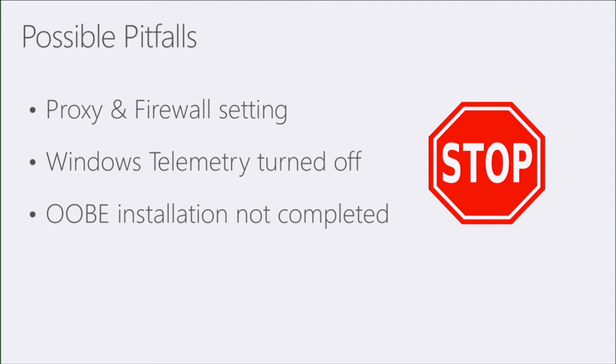The second thing is Windows telemetry, UTC, being turned off completely. If you set UTC to basic or a lower setting, that's totally fine, and the telemetry from Sense will be sent. But if you aggressively shut down all UTC completely, then the client will not transmit the telemetry that we need for the detection capability.